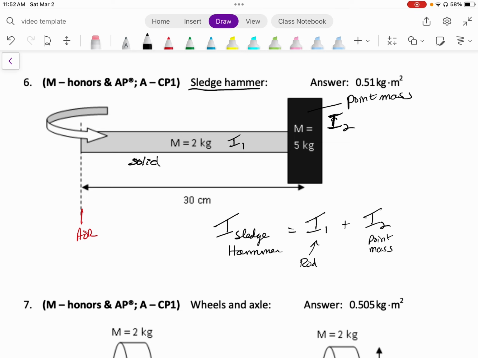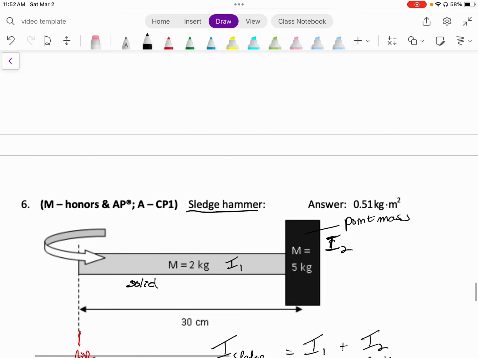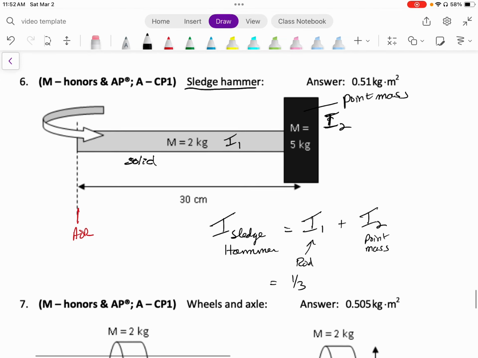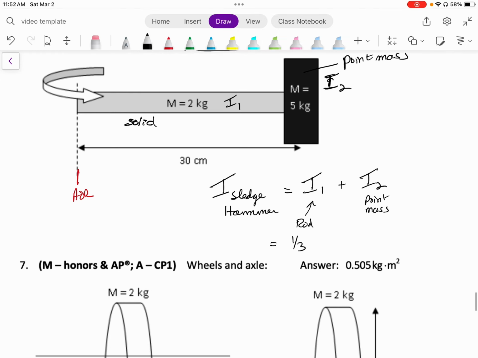And then I will use my equations and plug that in. So a rod rotated at that end is 1/3, kind of like what we did before. There it is, 1/3 times the mass times the length squared.